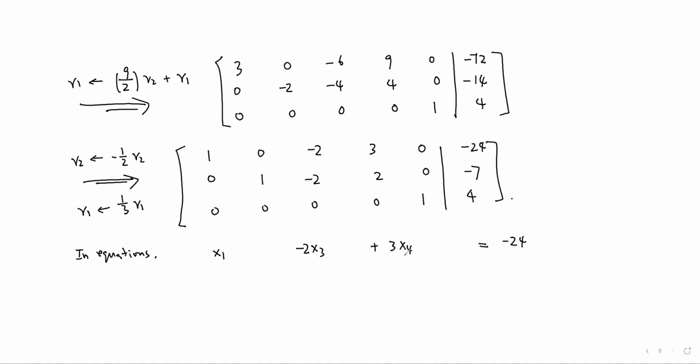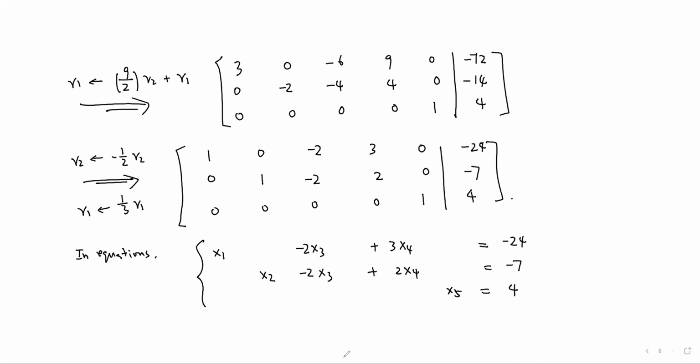That is the first equation. Now the second equation corresponds to the second row: 0 times x1 and then 1 times x2 minus 2 x3 plus 2 x4 is negative 7. Now the third equation is x5 is 4.